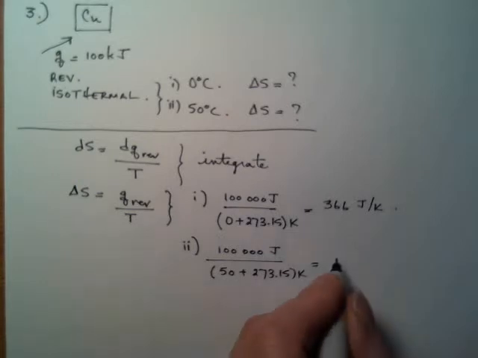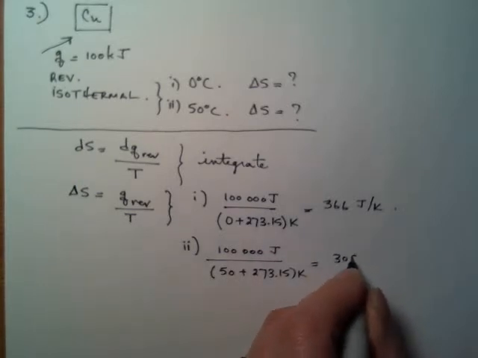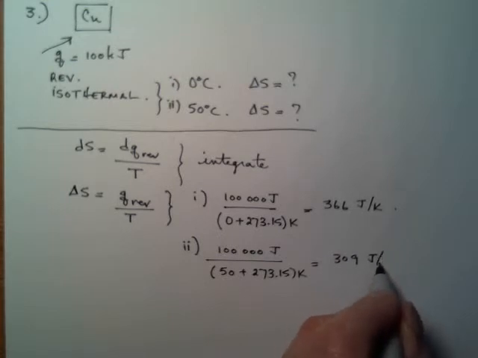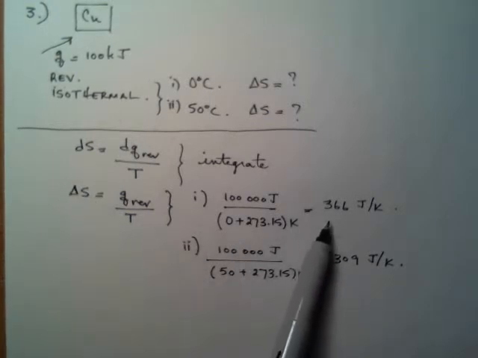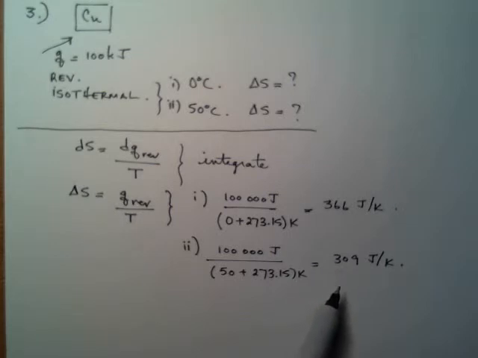Looking at my calculator, that's going to be 309 joule per Kelvin. So because it's larger, I suspected that it was going to be a smaller value. And so the change in entropy, if I start at 0 and I transfer that value of Q, I have a change in entropy of 366 joule per Kelvin. But if I start at a higher temperature, I actually have a smaller change in entropy that results.